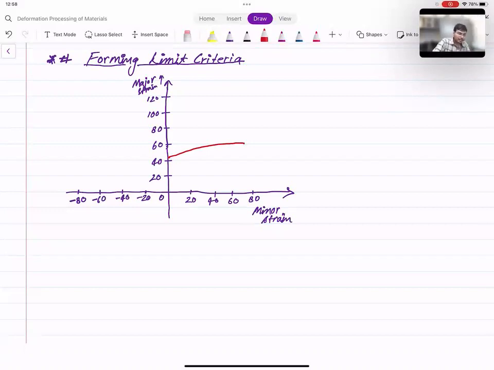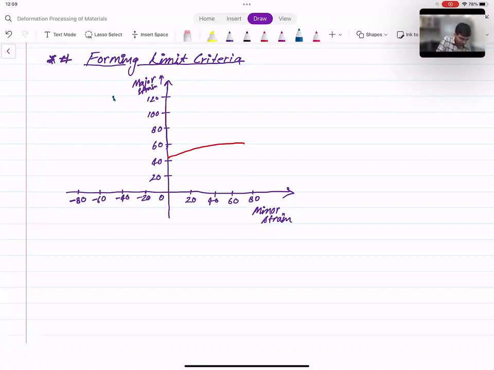this is the tension region, and similarly Goodwin predicted the diagram for the tension compression region. Okay, so this is much steeper. So it goes something like from here to here.